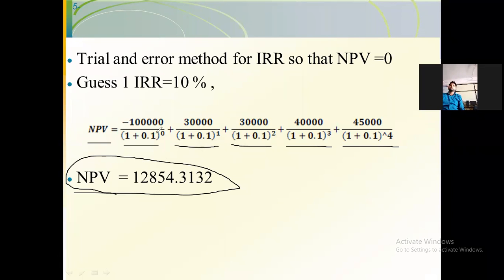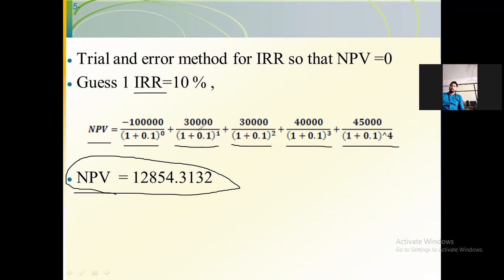Obviously we have to increase the internal rate of return, because if you increase it, only then will this total value go on decreasing. Why?